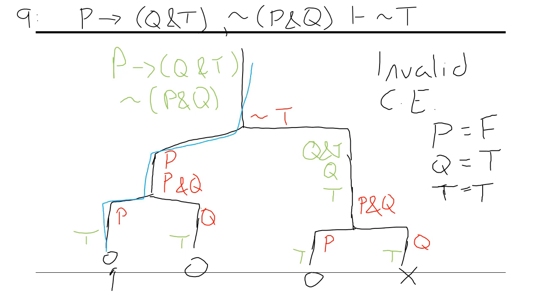I could call it true. I could call it false. I just have to give it one or the other. Can't give it both at the same time. I'm just going to do false because I could have just as easily done this branch too. And we do have a value for Q there, so if you want to do that branch instead, you can do that branch. But that is problem 9.